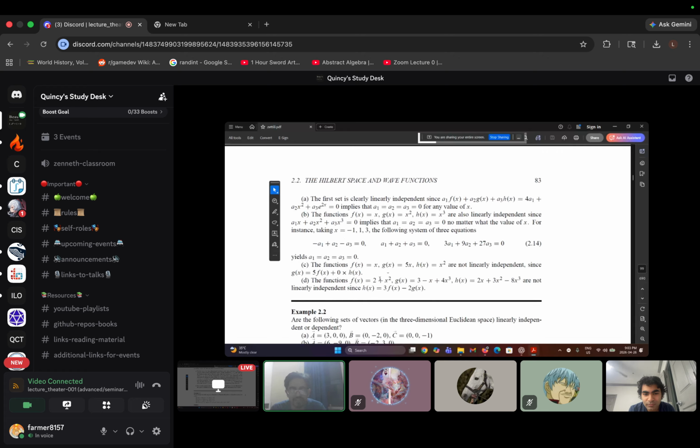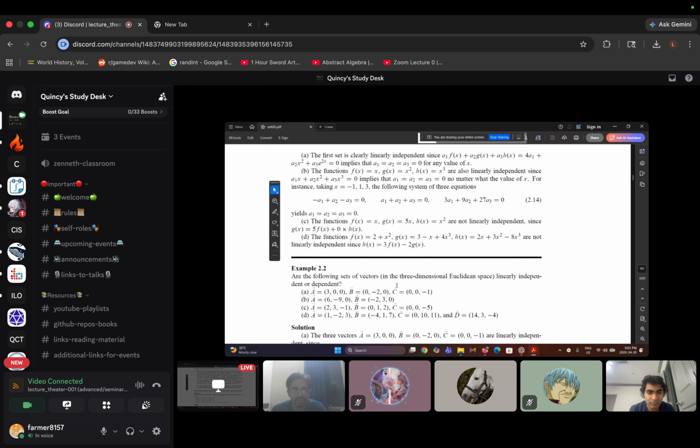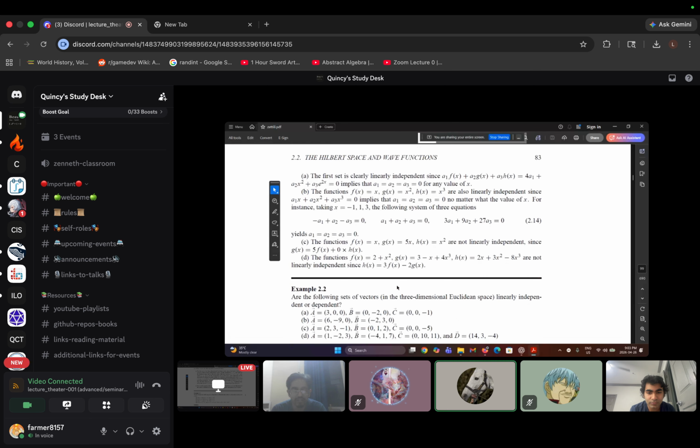I mean, this is a good exercise if we want to try row reduction and find the dependence of one equation on the other. It's called the Wronskian matrix.